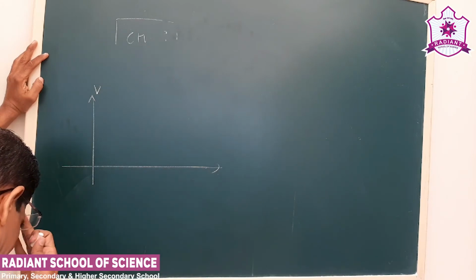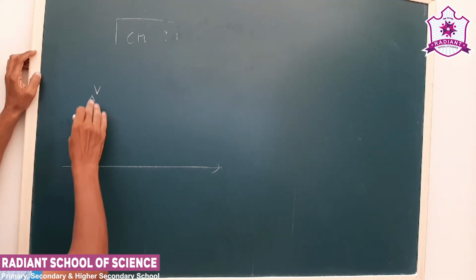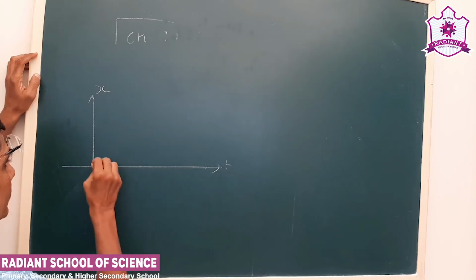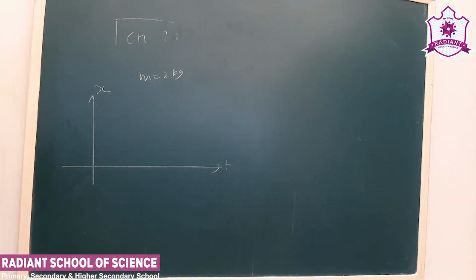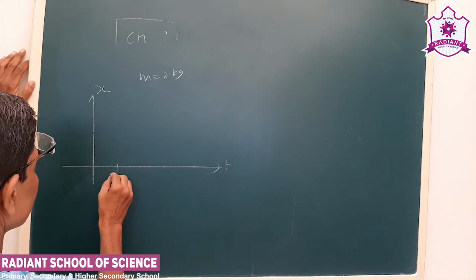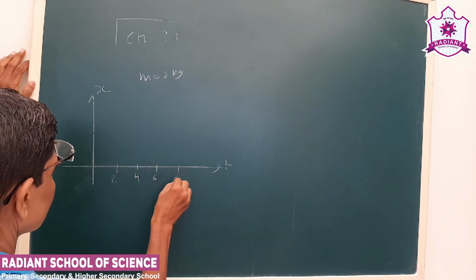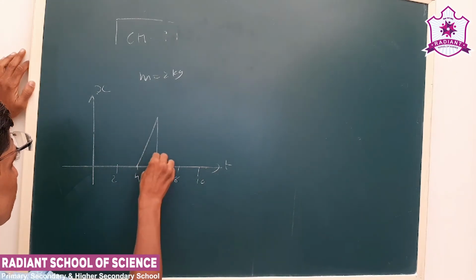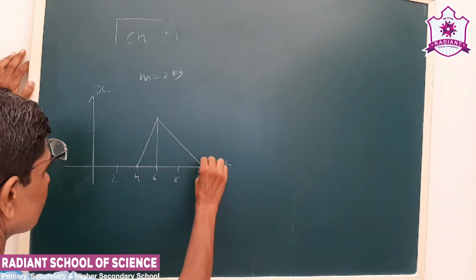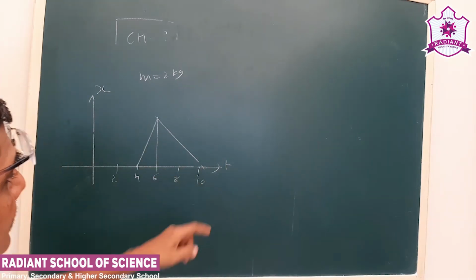Velocity, okay, distance is given x. Let us say a mass of 2 kg moves. See, the speed time graph is given like this. Okay, now this is x and t.